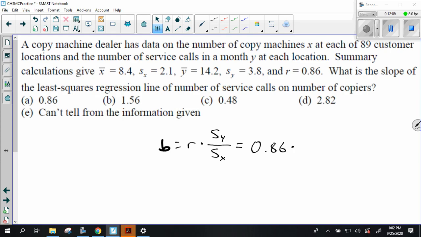We have the standard deviation of y, and then the standard deviation of our x values. And then we'll put that in our calculator and see that we get 1.56. Alrighty then, nice.